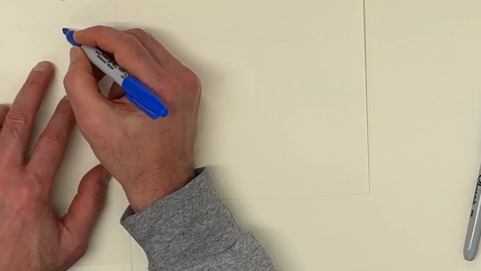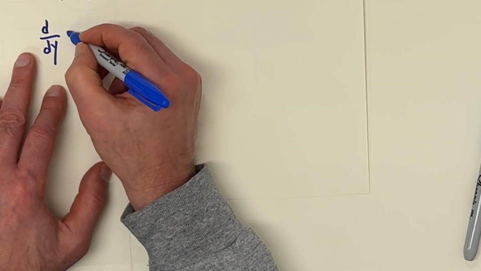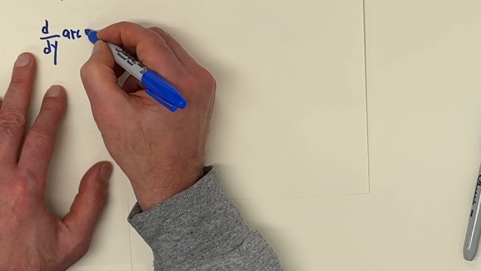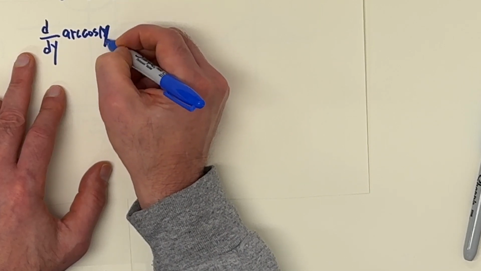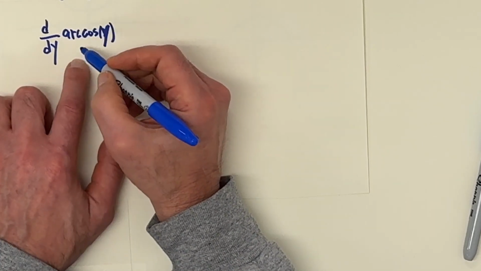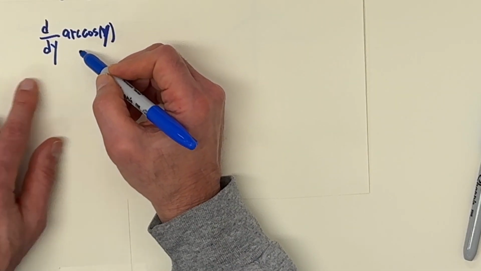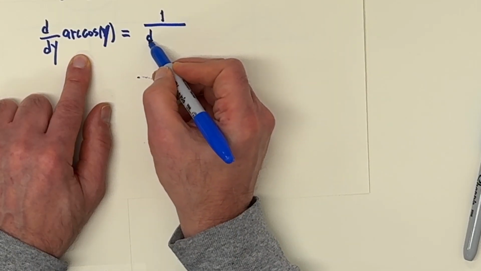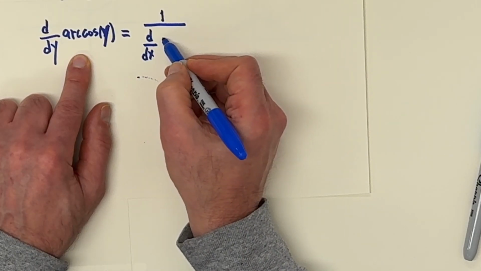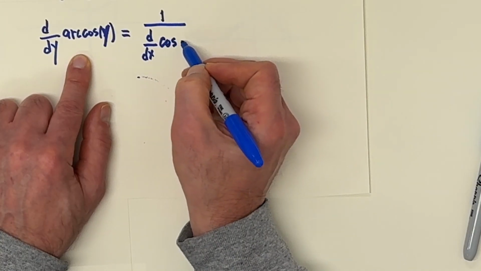So when we do that, we can use our formula like we did before, the derivative with respect to y of the arc cosine of y. This is your inverse function here. And that's going to be equal to 1 over the derivative with respect to x of the cosine of x.